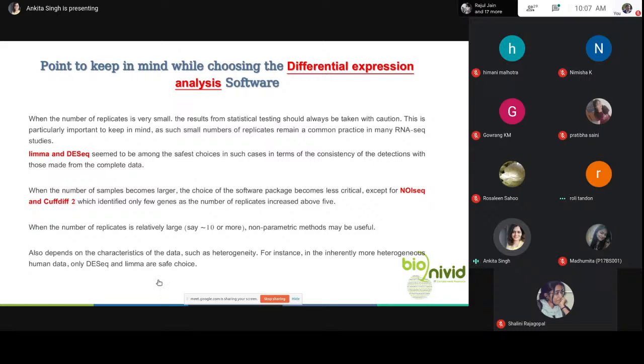Those studies also say that you have to keep many other things in mind, like your data, your samples, your replicates, your heterogeneity, how many samples you have. All these things you have to keep in mind while choosing any particular differential analysis tool. Beyond that, there is no data which says go for this for all of your answers.